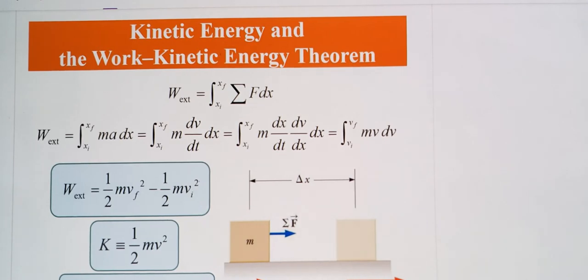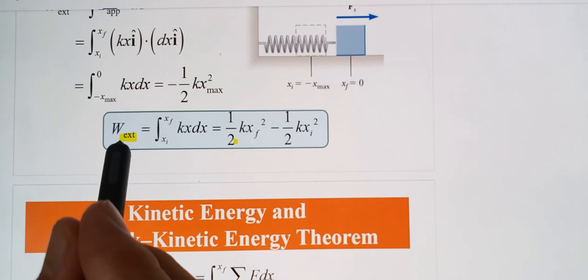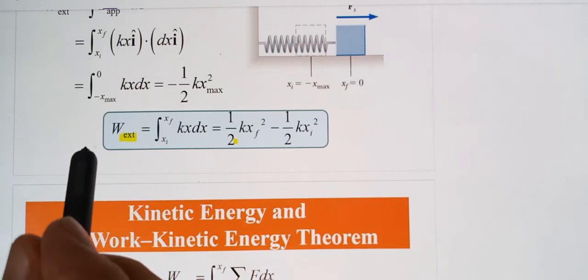If you are talking about the acting force, it is always in the same direction as the displacement. So this is why we have a minus sign when we talk about the work done by the spring, and we have a positive sign when we talk about the work done by the acting force, which we refer to as work external.